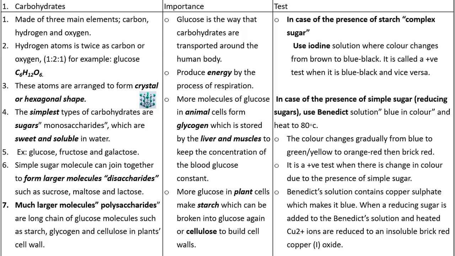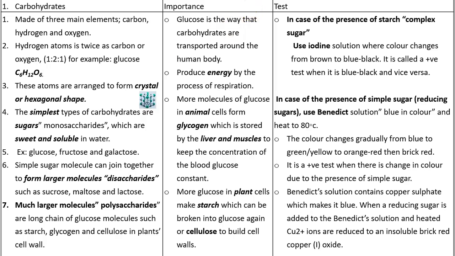So let's start from the top this time. What's the importance of carbohydrates in the bodies of living organisms? First, glucose is the way that the carbohydrates are transported all around our body. And we established before that glucose has to be transported all around our bodies for cellular respiration in order to get energy, right?